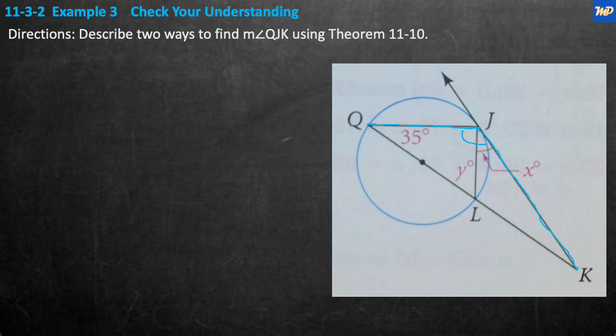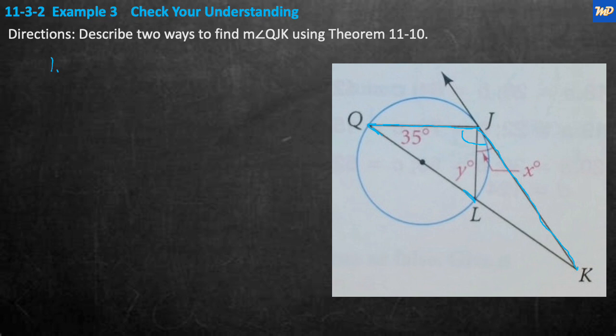Okay, now that you're back, let's see what we can come up with. Method 1. I can see, first of all, this QL is a diameter. So that creates two semicircles. And since that's a semicircle, we know this is 180 degrees, right?